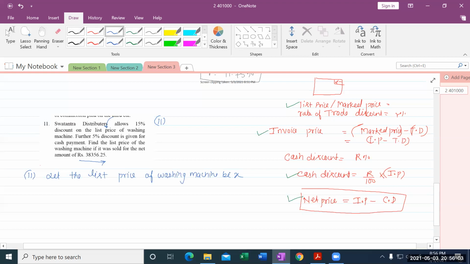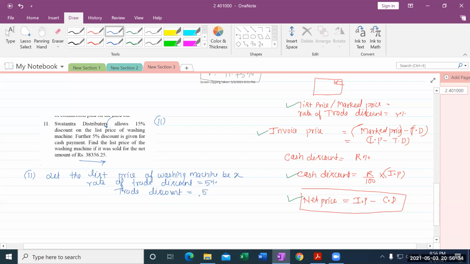Now we are going for discount. The first discount is the trade discount. Trade discount is how much? 5%. So here I am writing the rate of trade discount. Now I will calculate how much the trade discount is.